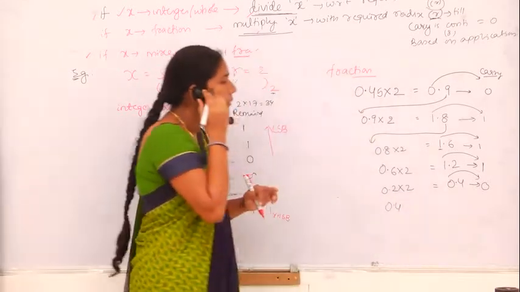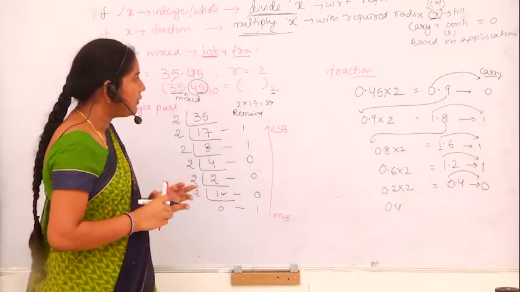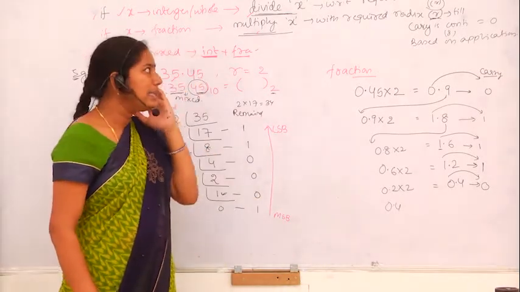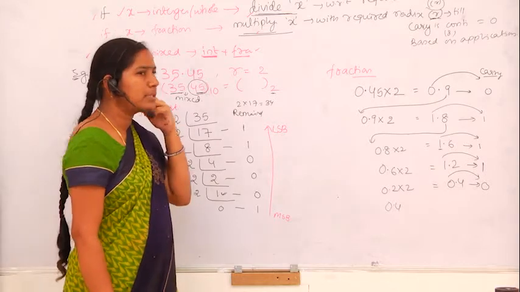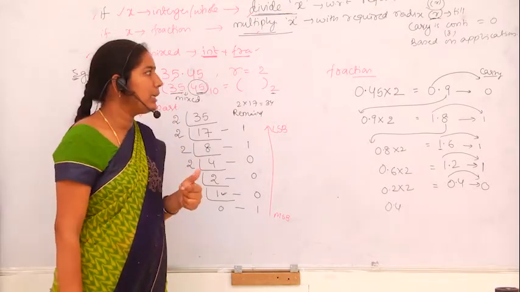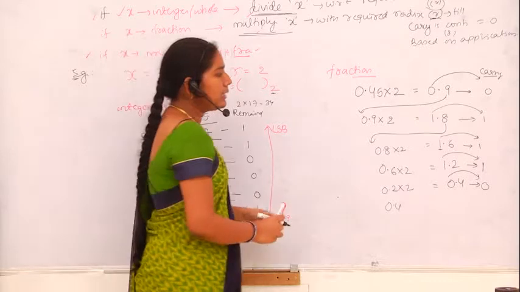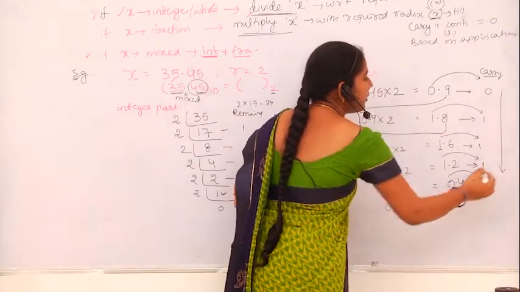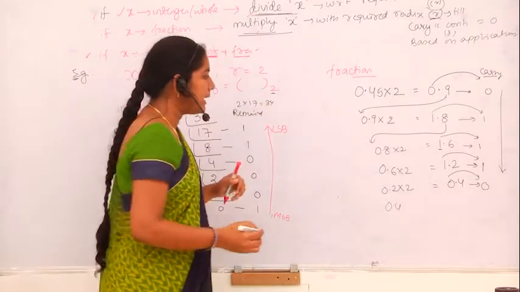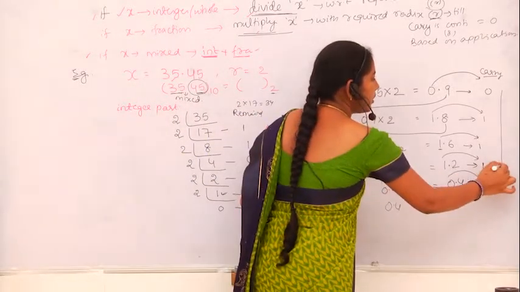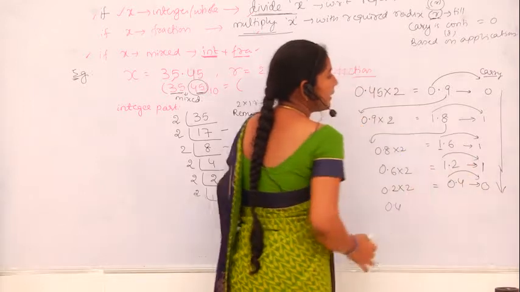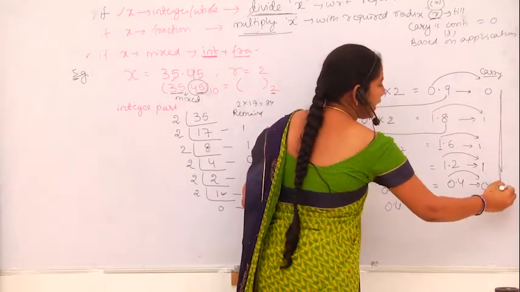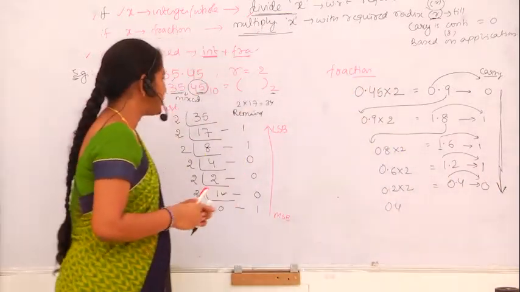But just remember, always, when we are doing a multiplication, getting zeros continuously is sometimes difficult. So in that particular case, we can stop this procedure at 4 or 5 bits. So I am stopping here itself and consider all these carry values in downward direction.